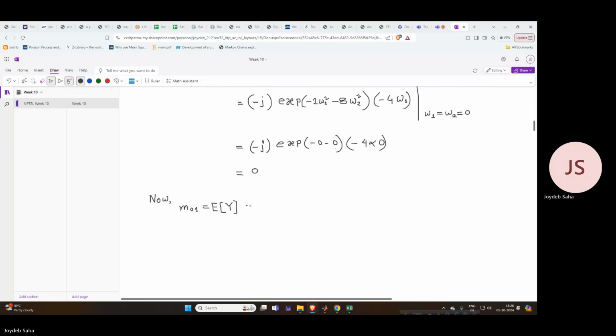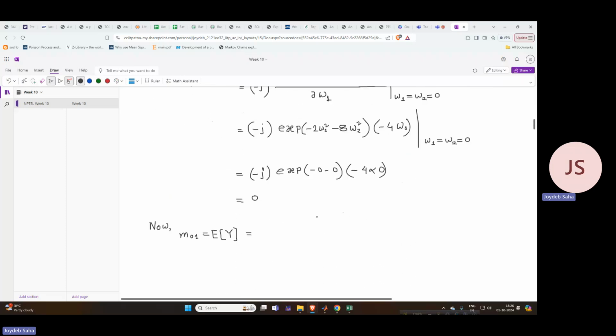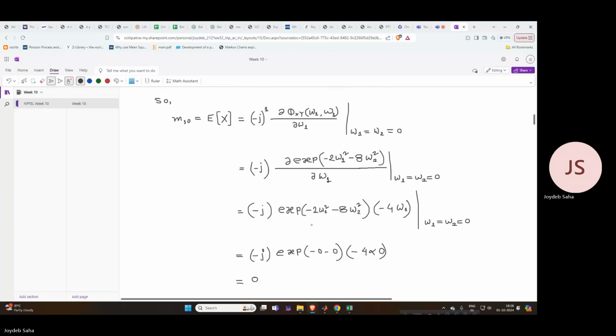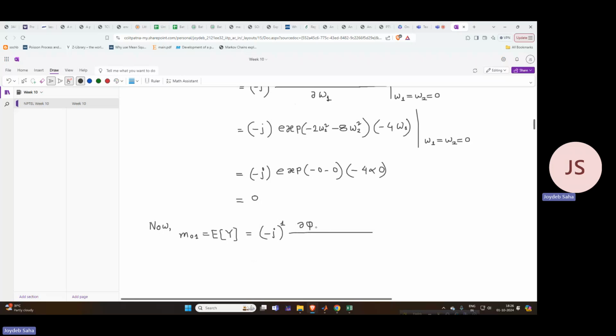Using the same equation, we can write that this is minus j to the power 1, derivative of phi xy of omega 1, omega 2, with respect to omega 2, right?